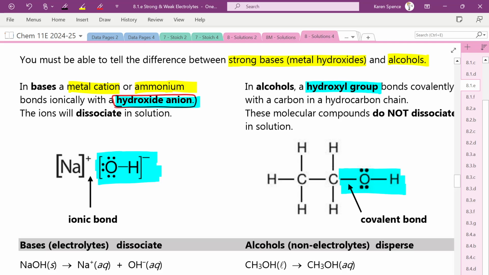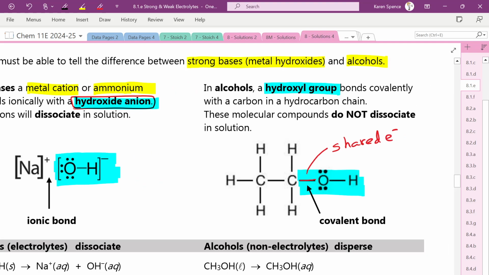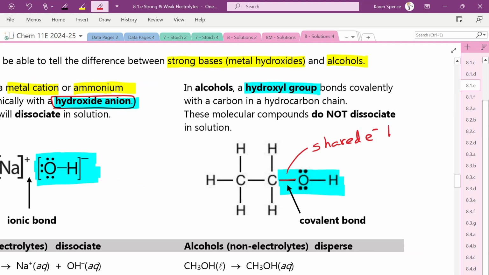Yeah, here we have a covalent bond. These electrons are shared between carbon and oxygen.